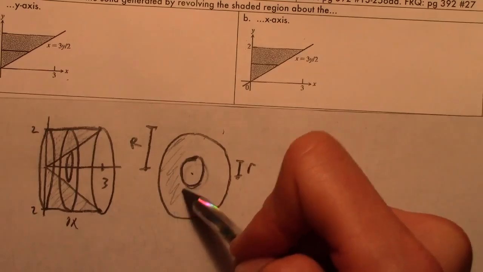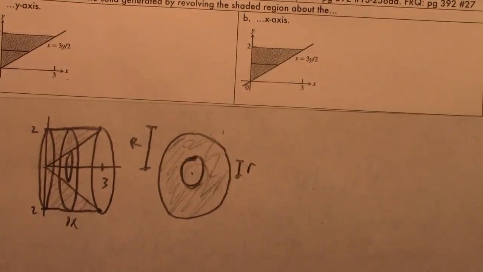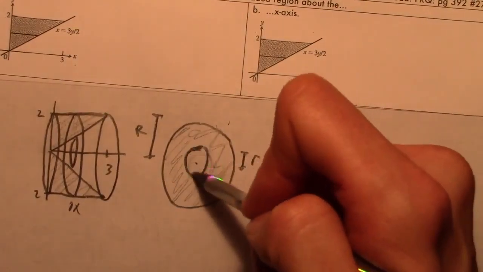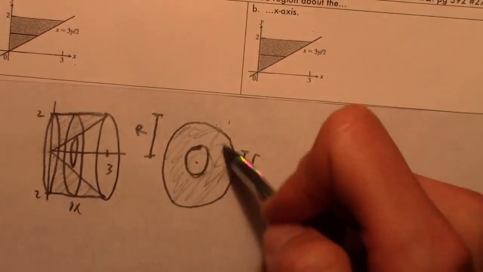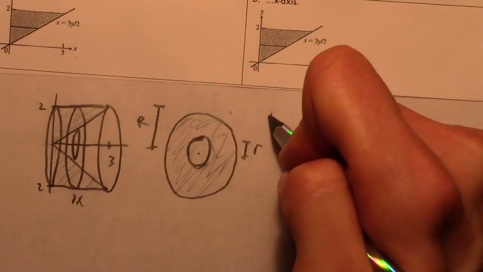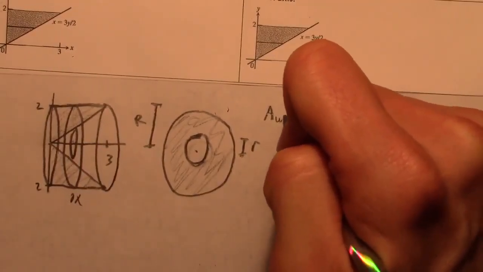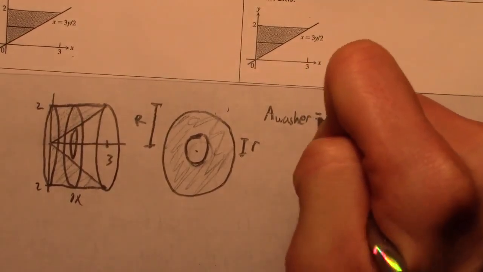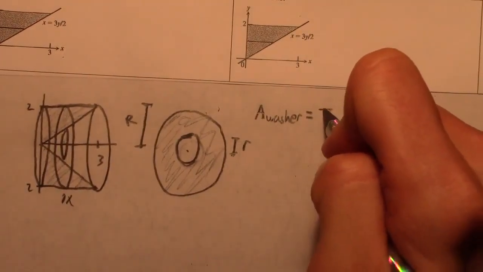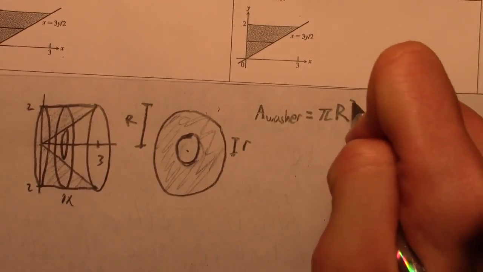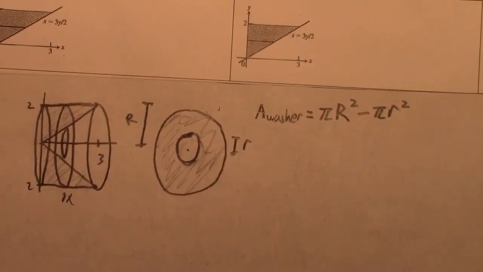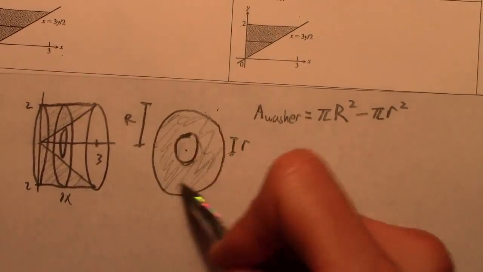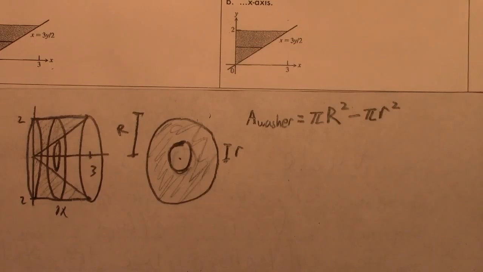So if I color this, this is a washer, so that's hollow. So really, I need to find the area of this material on the outside. So to find the area of the washer, I need the area of the big circle, so pi big R squared minus pi little r squared. So if I find the area of the big circle and then subtract off the area of the little circle, then I'm left with the remaining material.